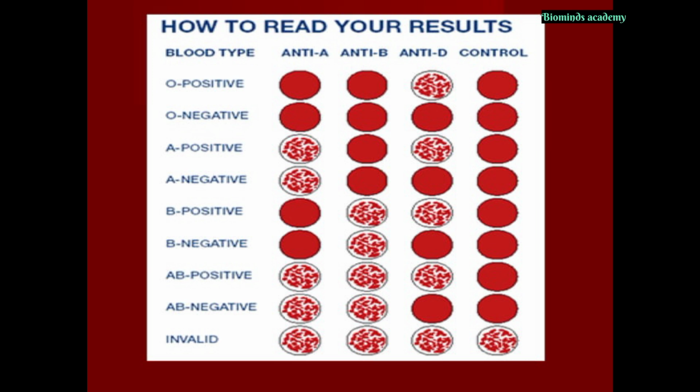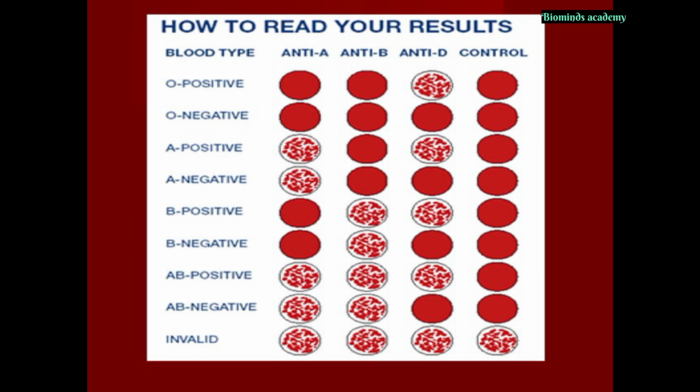In O positive, anti-A, anti-B and the control have no agglutination, and in anti-D agglutination occurs. In O negative, anti-A, anti-B, anti-D and control all show an absence of agglutination. In A positive, anti-A and anti-D have agglutination, and anti-B and control have no agglutination. In A negative, only anti-A has agglutination.